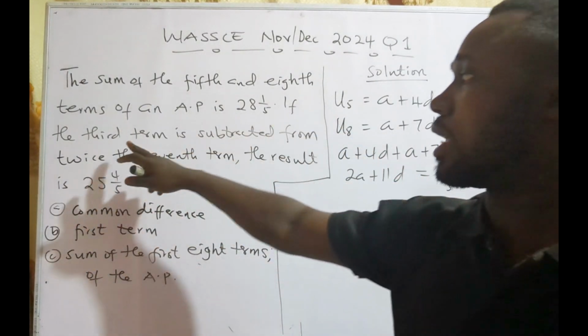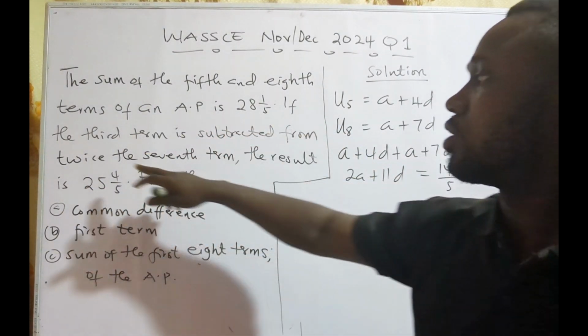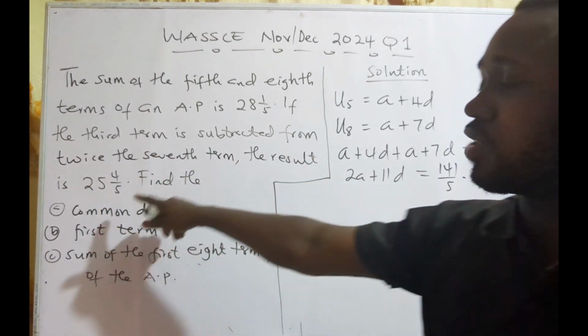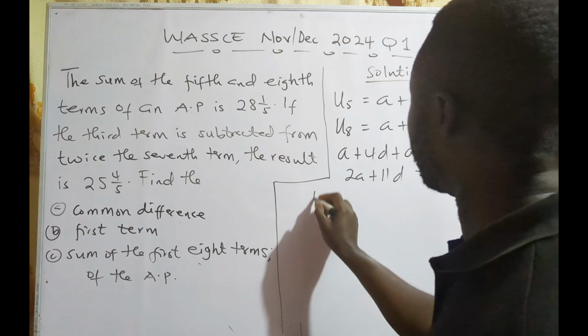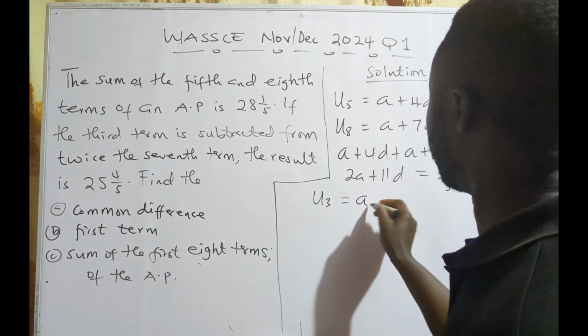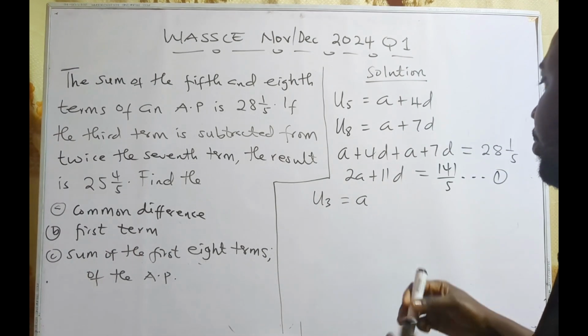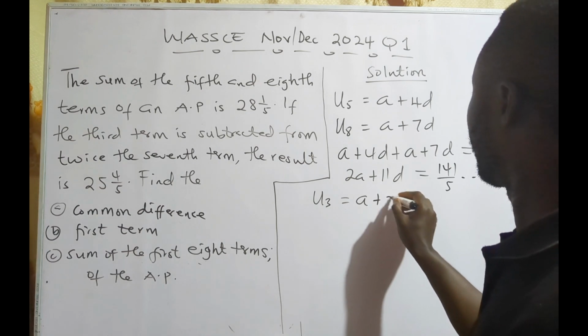If the third term is subtracted from twice the seventh term, the result is 25 whole number 4 over 5. What is the third term? That is A plus 2D.